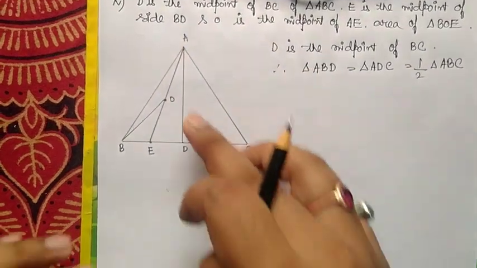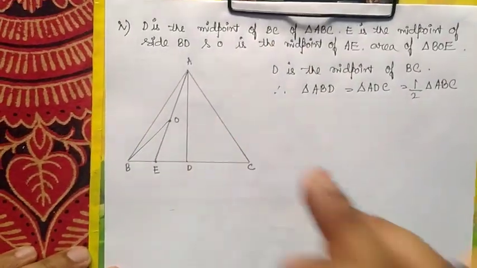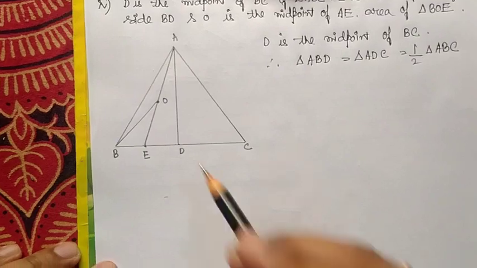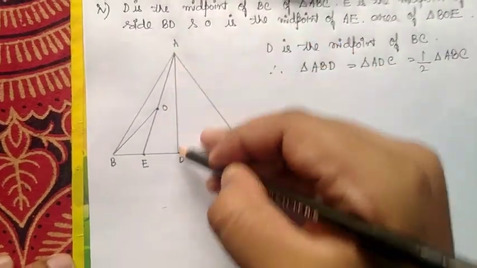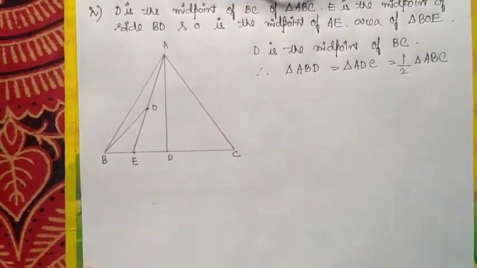So AD is the median. AD median cuts a triangle into 2 equal halves. So therefore we know that triangle ABD equal to triangle ADC equal to half of triangle ABC.